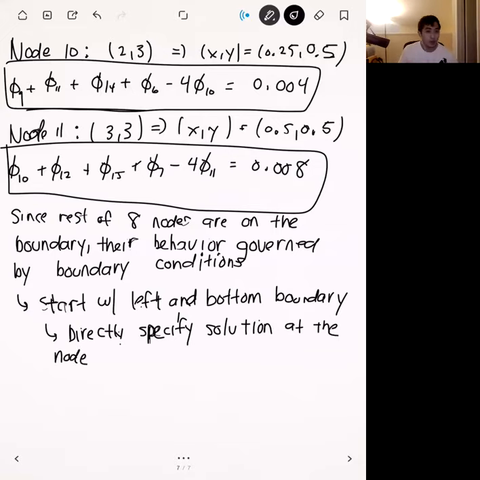For the bottom boundary, let's start with the bottom one because that has the lowest node numbers.